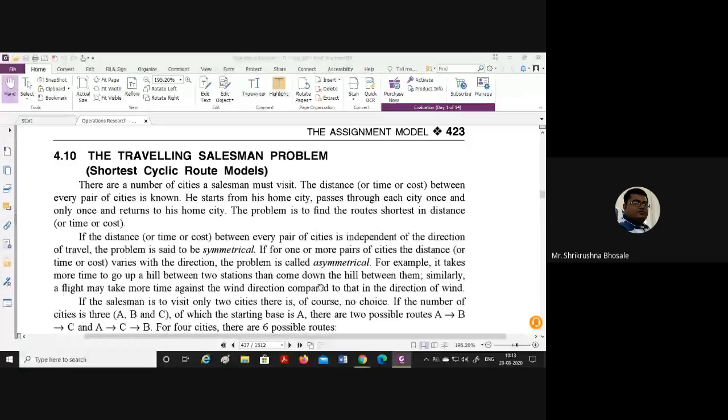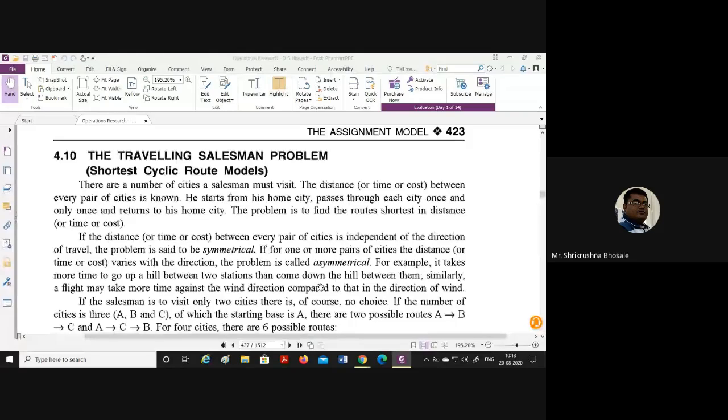Suppose the salesman starts traveling from Pandharpur. If from Pandharpur he goes to Barshi, then from Barshi he goes to Mohol, and from Mohol he goes to Solapur, and then from Solapur he comes back to Pandharpur. It should not be like that, that the salesman goes from Pandharpur to Barshi and again comes back to Pandharpur.